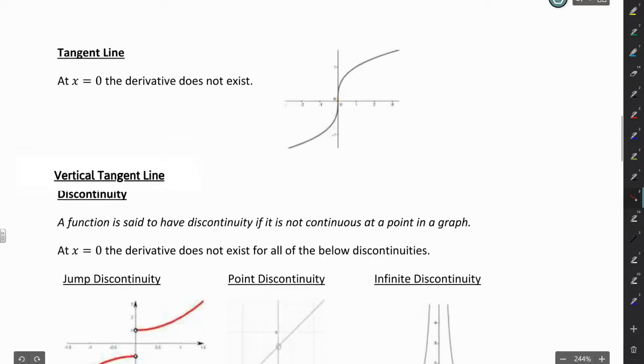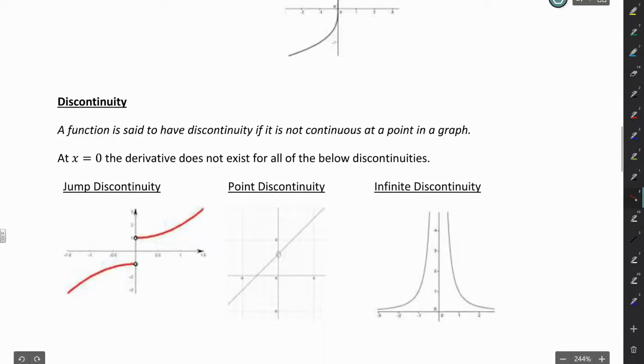Now the third scenario where a derivative would not exist is when we have something called discontinuity. We're going to do a whole lesson on discontinuity, so we're just going to briefly touch on it here. A function is said to have discontinuity if it is not continuous at a point on the graph. So at x equals 0, the derivative does not exist for all of the below types of discontinuities.